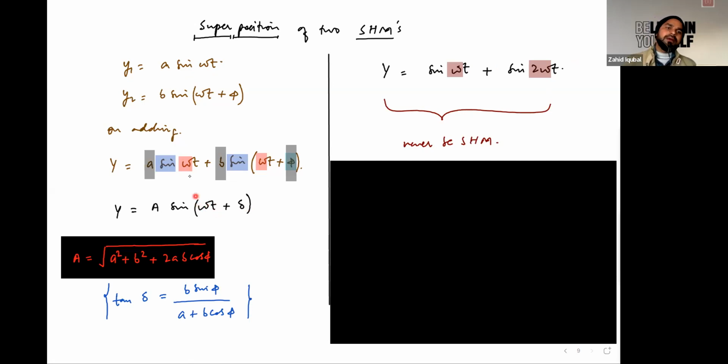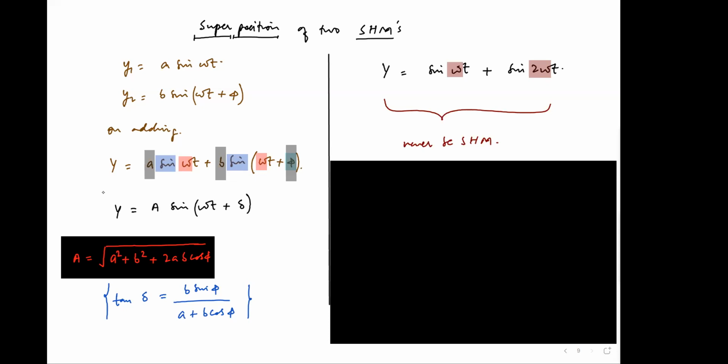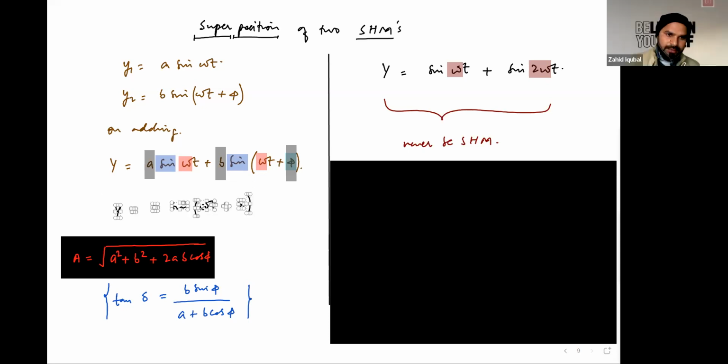So we can say superposition of two SHMs having same angular velocity leads to another SHM. But superposition of two SHM having different angular velocity will never be an SHM. Is it clear? Yes, sir. Okay, just 1 minute. We may write it like this.